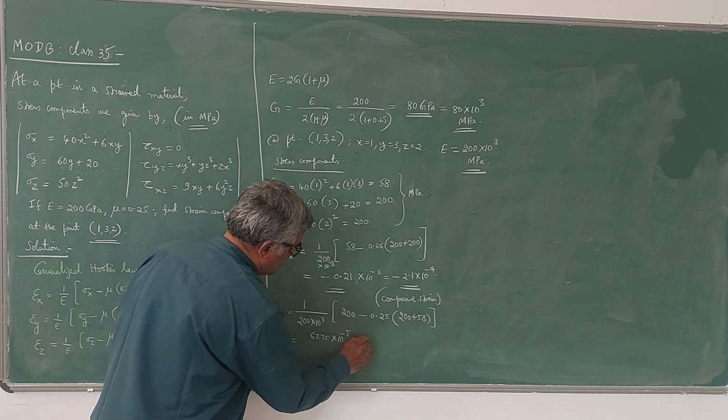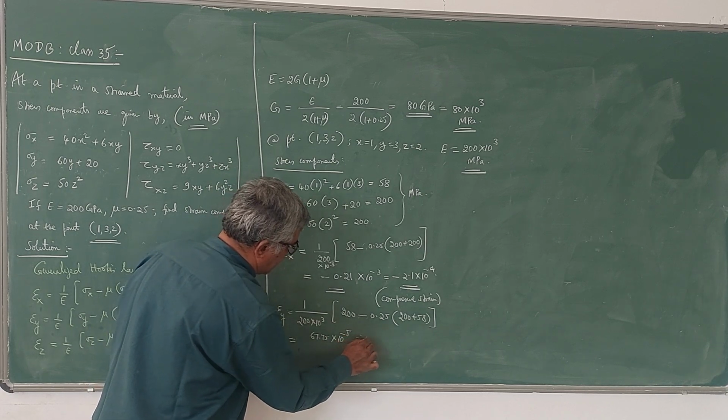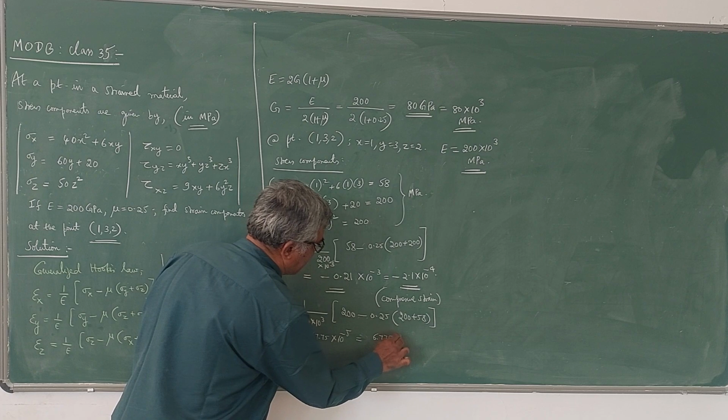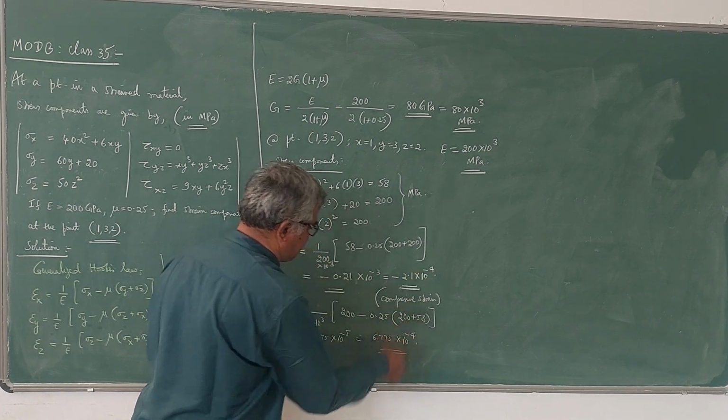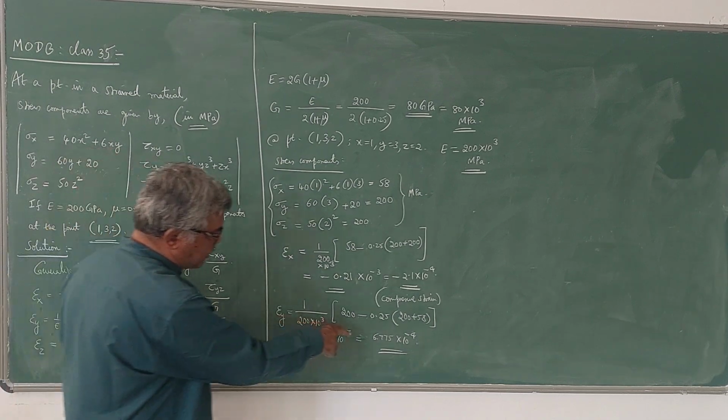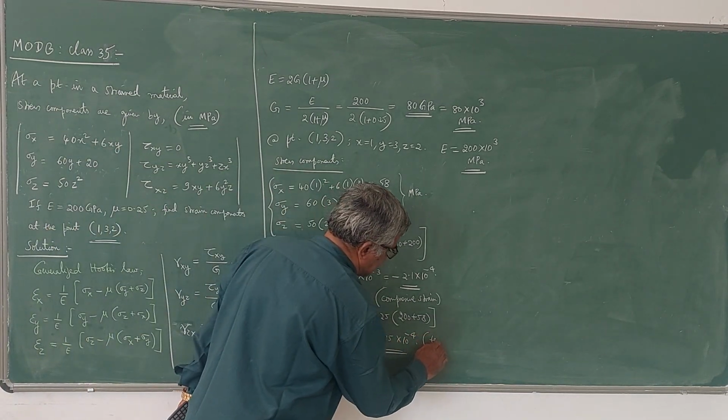Or in other words, you can write it as 6.775 into 10 power minus 4, keeping the same power. So that is the answer. Here it is positive, that means it is tensile strain.